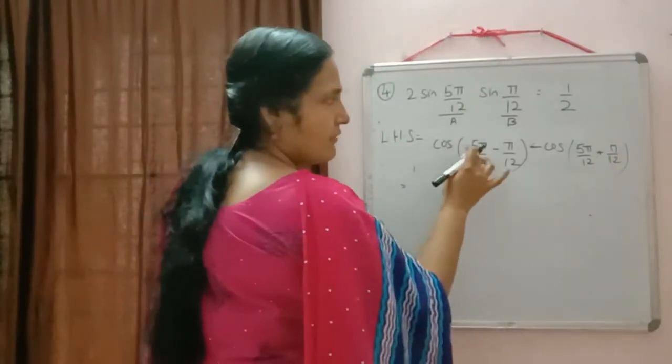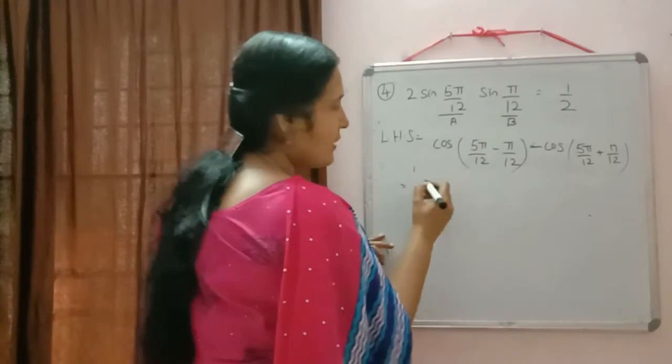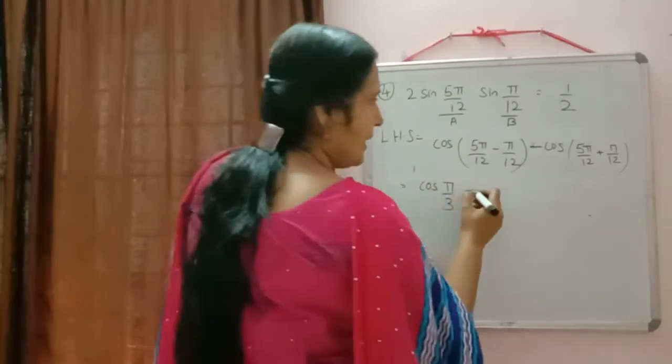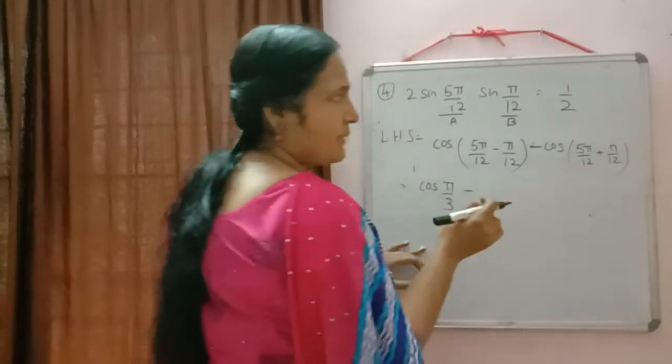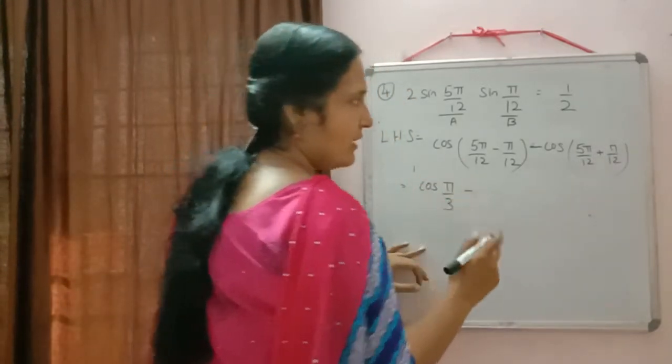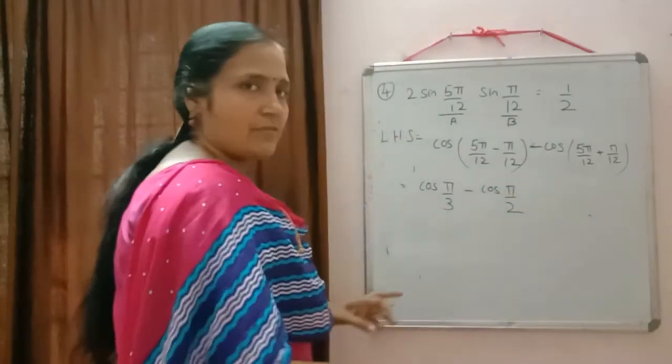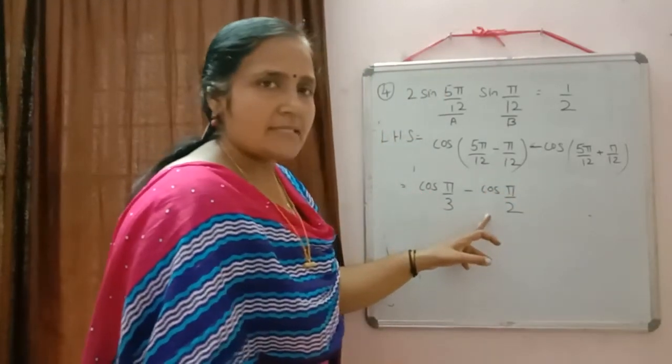So cos 5 pi minus pi, that will be equal to 4 pi by 12. So cos pi by 3 minus 5 pi plus pi, 6 pi by 12. So that will come is equal to cos pi by 2. And what is cos pi by 2? Cos 90 degree?